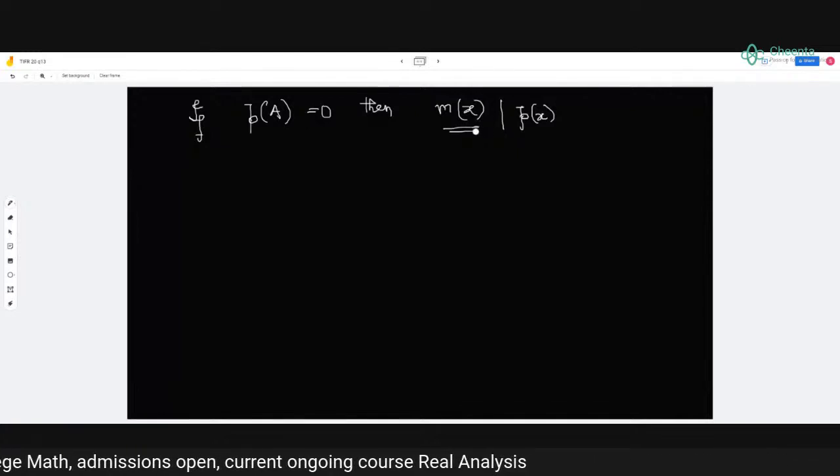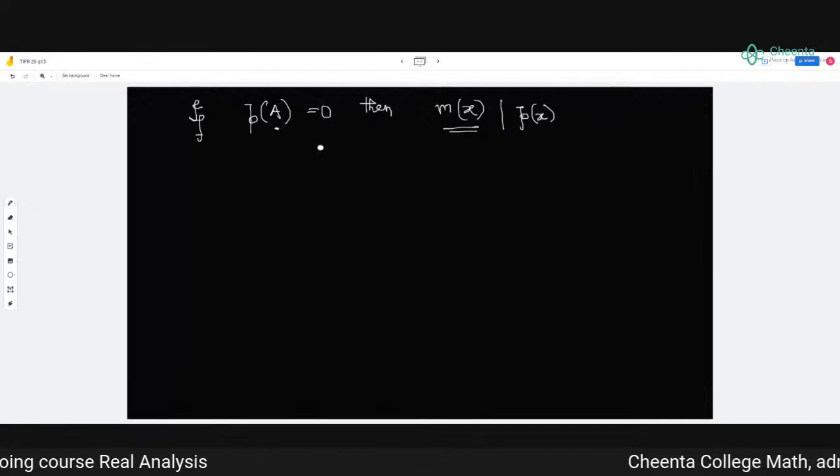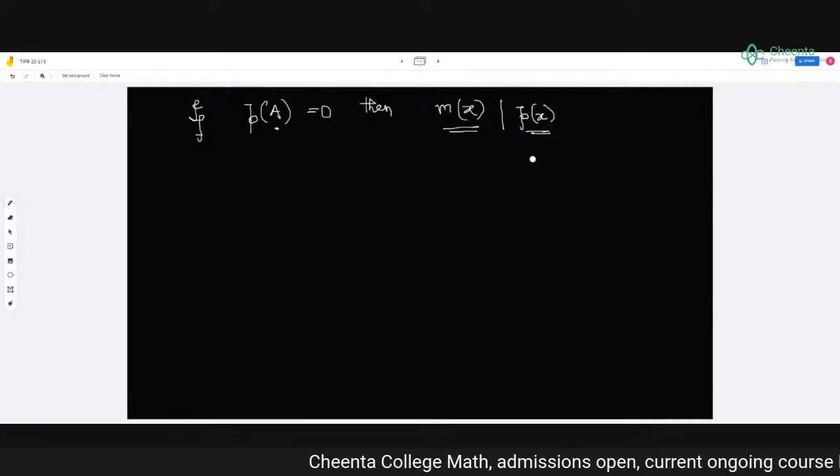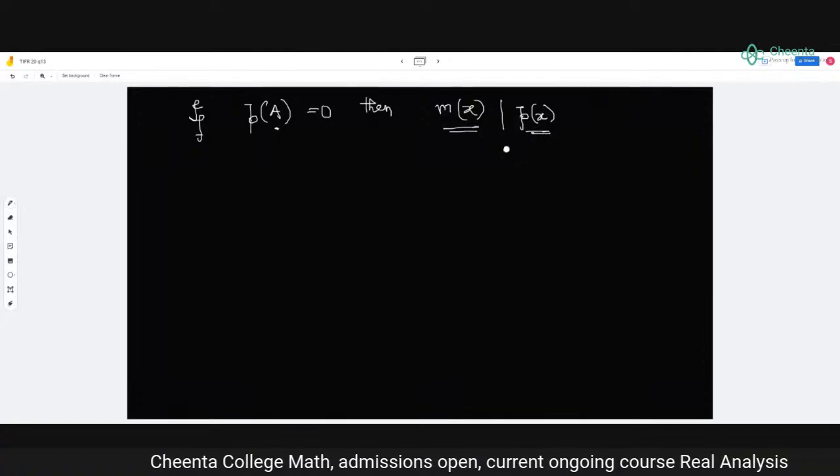That means if you take any polynomial in the matrix A such that it is 0, then that polynomial will itself be divisible by the minimal polynomial.